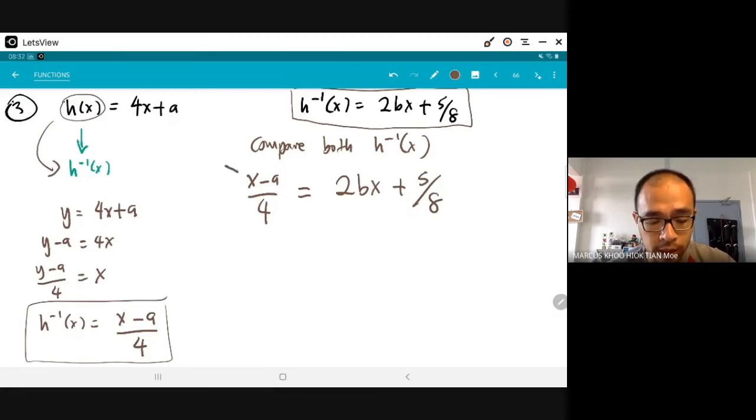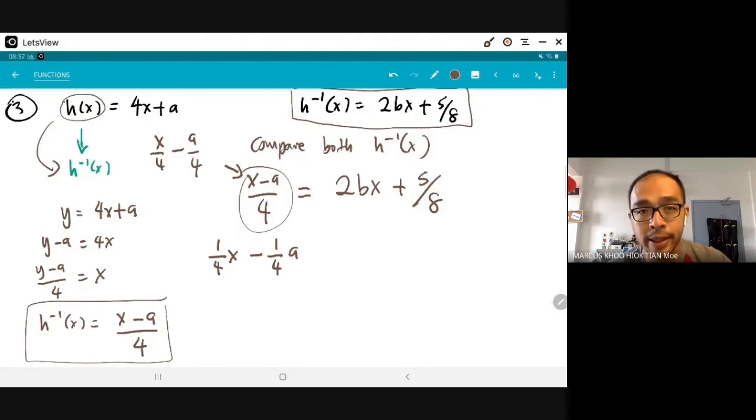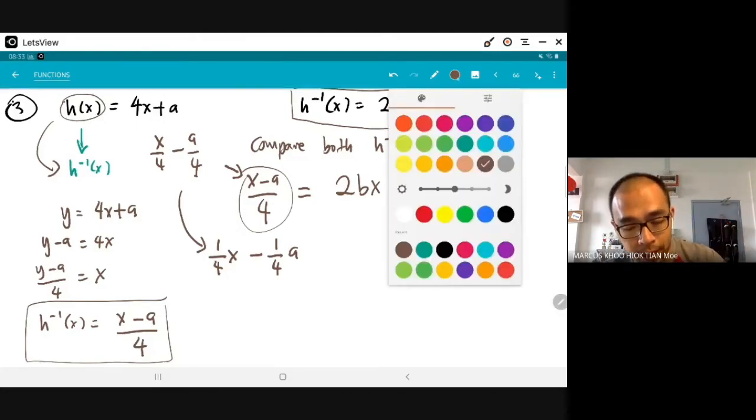So what I can do over here is split it up. Actually x over 4 is not so neat, 1 over 4 x is actually nicer, minus 1 over 4 a. Actually, if I split this, it should be x over 4 minus a over 4. But I write it in this form. It's the same thing, I just write it in a different form. You know why? Why do I write it like this?